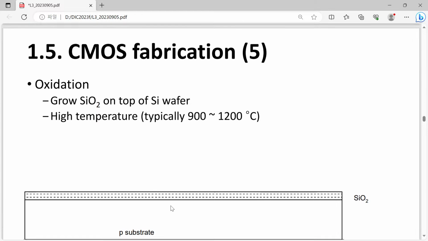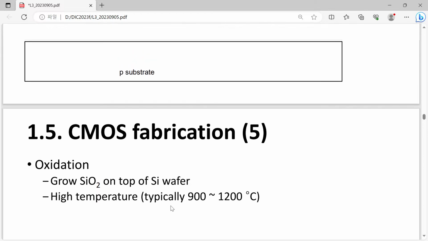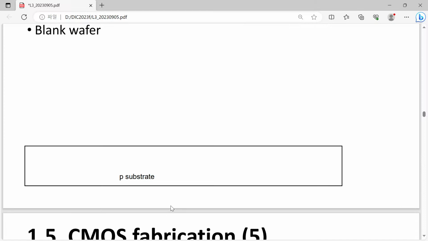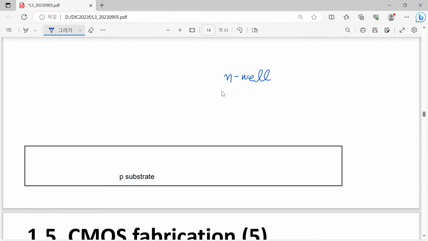From now on, first we will talk about the N well fabrication. I mean that here we have a p-type substrate. P-type substrate is suitable for making our N MOSFET. But please remember that we have both N MOSFET and P MOSFET to realize our CMOS circuit. So we have to be able to selectively generate a certain N well.